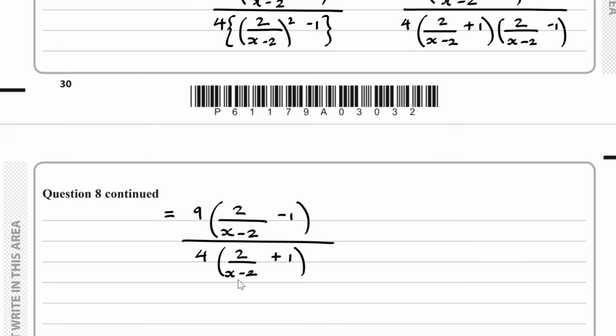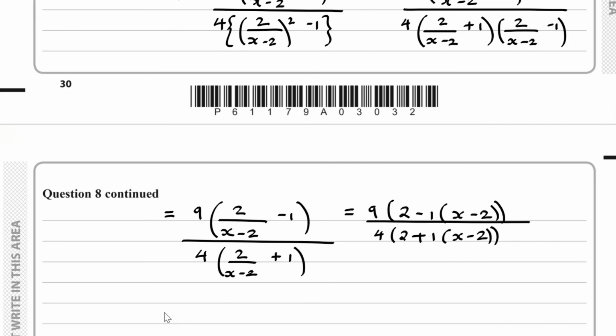And if we multiply through by x minus 2, we have 9 lots of 2 minus 1 lots of x minus 2. On the bottom we have 4 lots of 2 plus 1 lots of x minus 2. Continuing to tidy this up, we have 9 lots of 2 minus x plus 2.